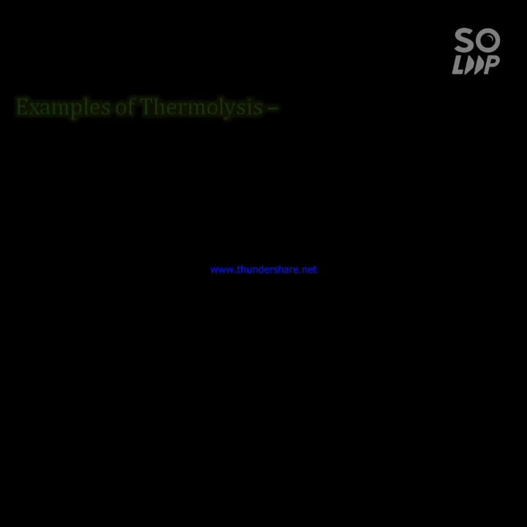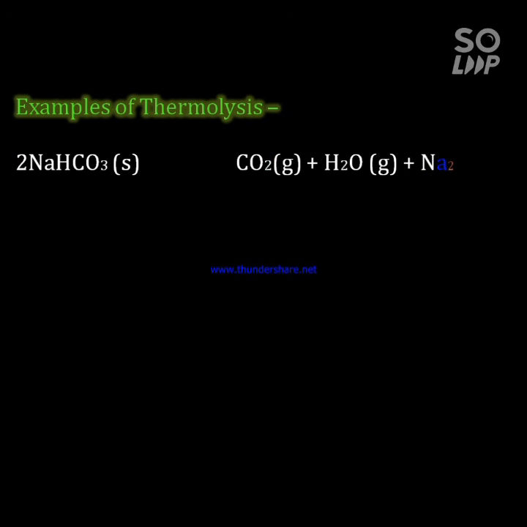The examples including these external factors. First, let us see the examples of thermolysis. Here, sodium hydrogen carbonate, also known as baking soda, when heated, breaks down into carbon dioxide gas, water, and sodium carbonate.